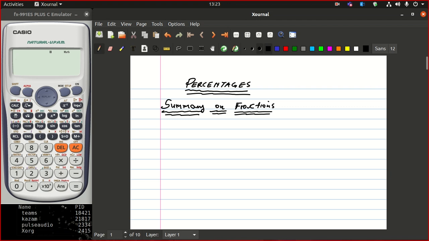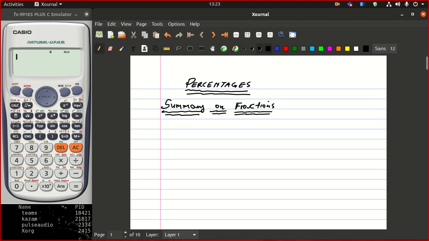Just to give a quick summary on fractions, if you remember, we did talk about the addition of fractions, multiplication of fractions, subtraction of fractions, and division of fractions, and all those binary operations when it comes to fractions.